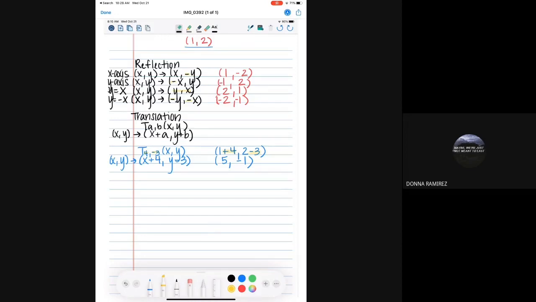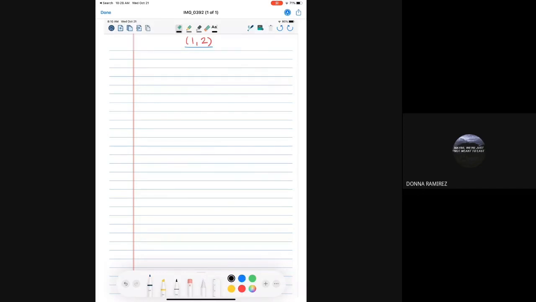No? Okay. Now I'm going to erase this so that I can go ahead and do rotations and just have space to do that. So we have different rotation mapping rules that we've learned about. We have a rotation about the origin 90 degrees, which takes our original coordinates, switches the x and y, and then negates the y.